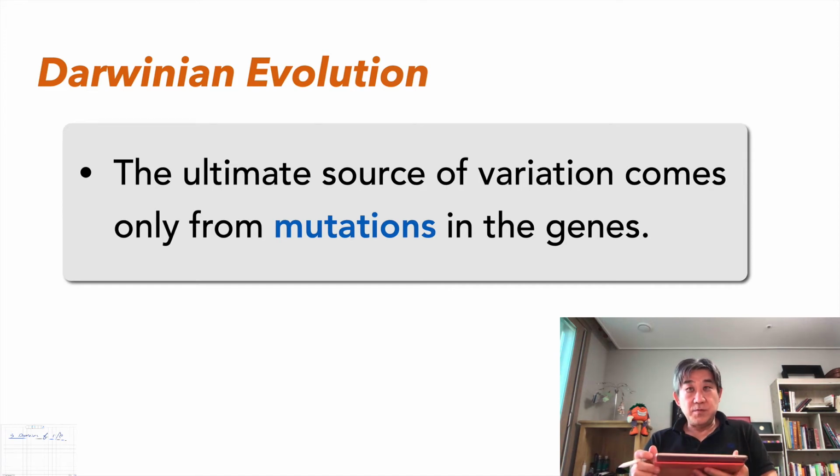Although mutation is not really a desirable thing, because the end result of any mutation, generally speaking, is disastrous. The individual bearing a mutation will not be able to survive as healthy as the others who don't carry any mutation. However, still, the ultimate source of these variations is these mutations in the gene.